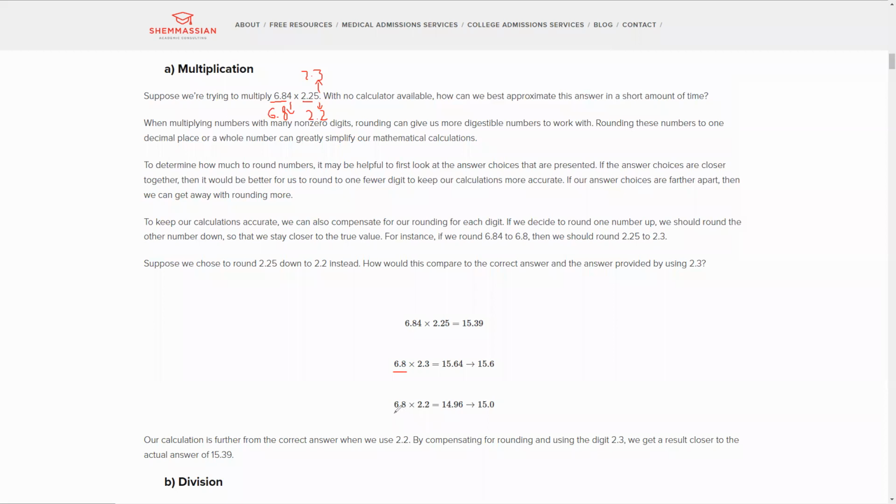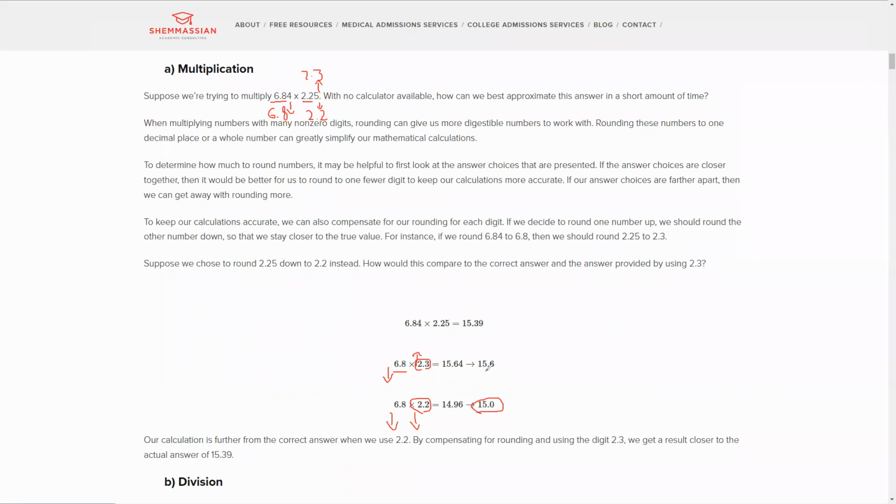What if we round down? We have these examples here: a 2.3 and a 2.2. In one case we rounded up, and in the other we rounded down. So this is a down-down, and this is a down-up. What do we actually get from the answers when we multiply? By doing this, we get 14.96, or basically 15.